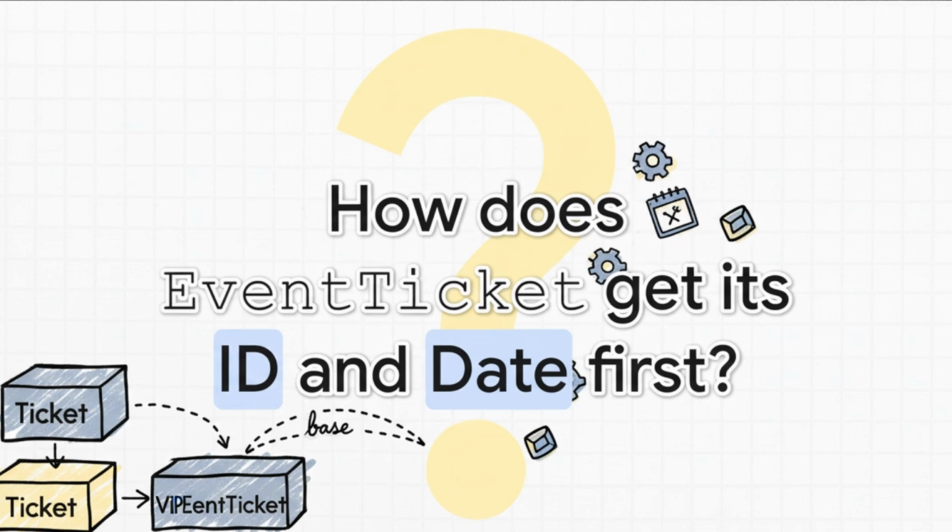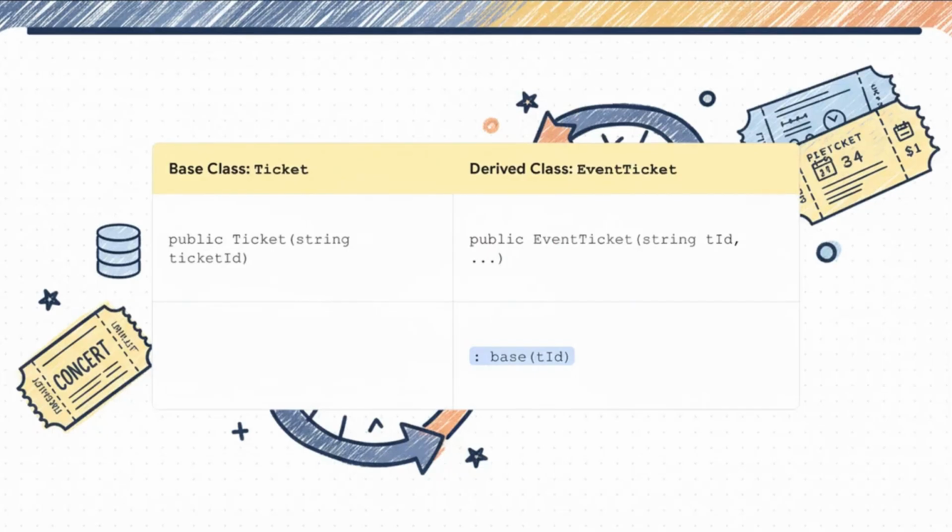It has its own unique info, like the event name and your seat number. But before any of that, it needs a ticket ID and an issue date from its parent, the plain old ticket class. So how do we guarantee that the parent's setup code runs before the child even thinks about doing its own thing?